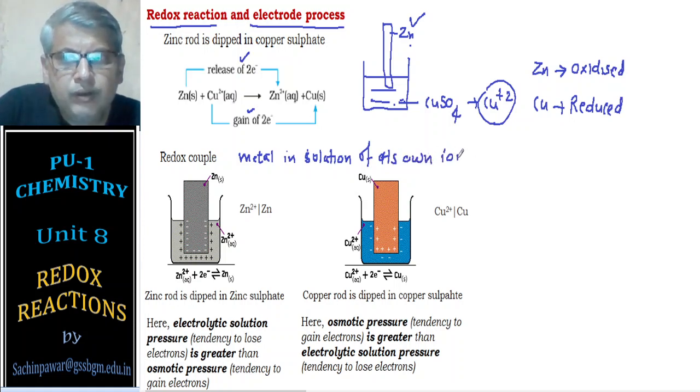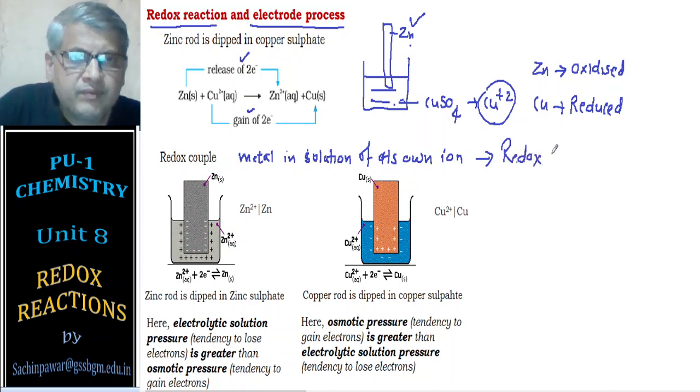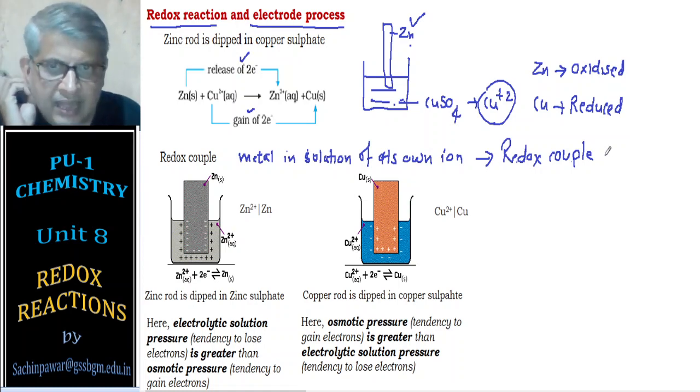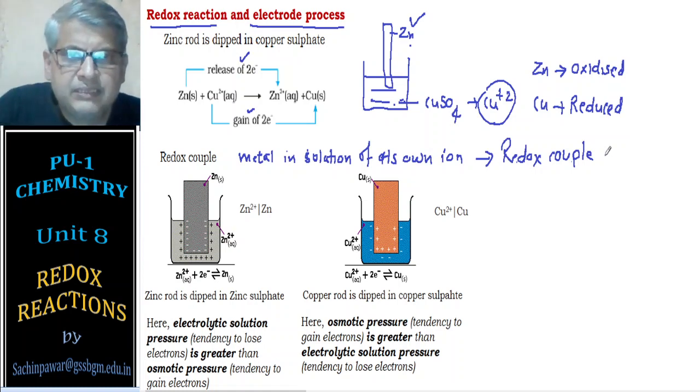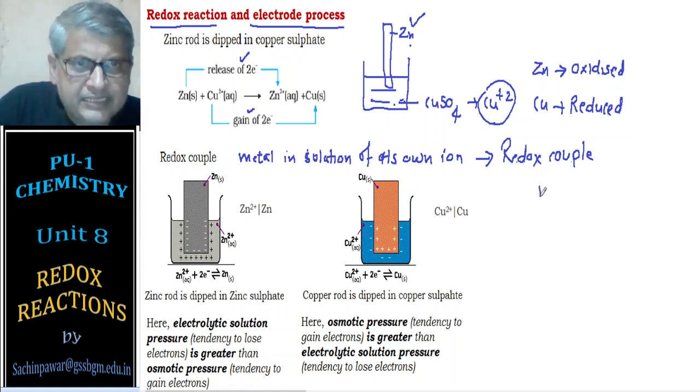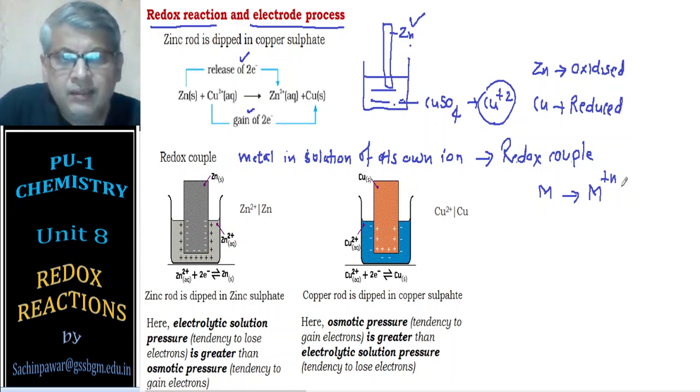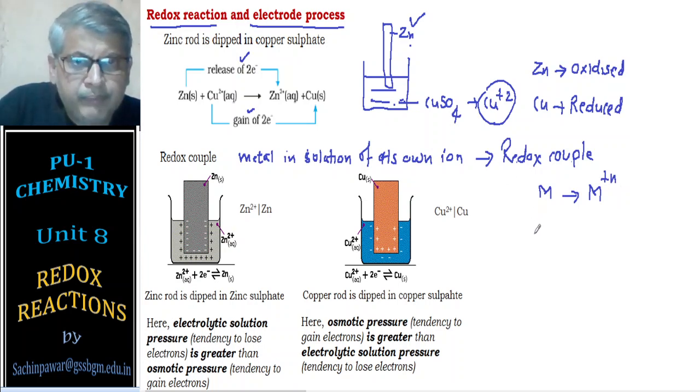I will get what is known as a redox couple. And usually the redox couple, suppose I have a metal M, and it is dipped in the solution of its metal ion, say M plus n ion, then the redox couple is written with a line.